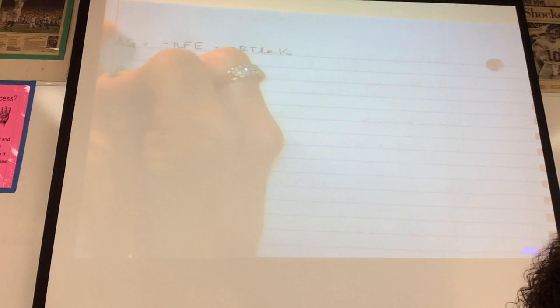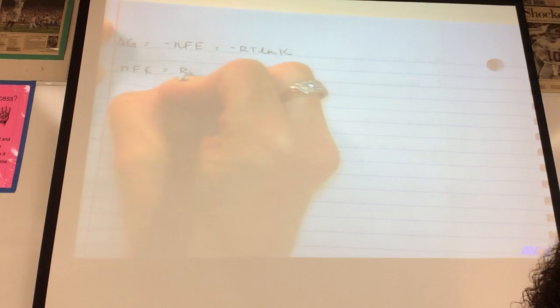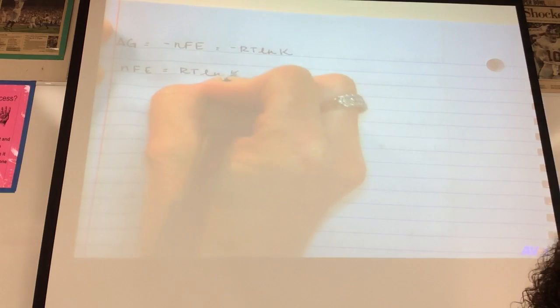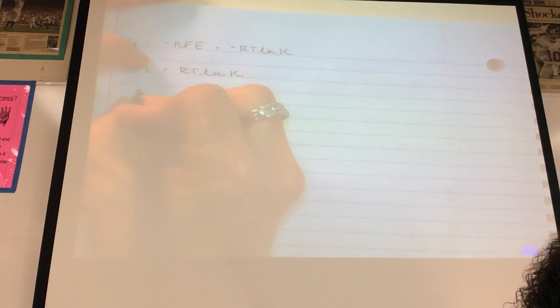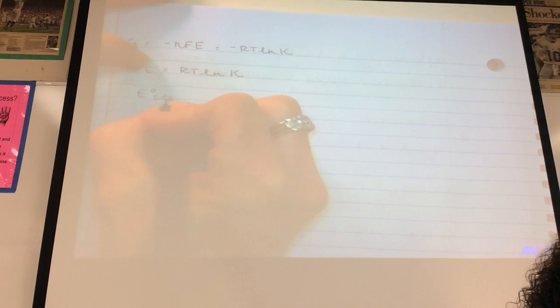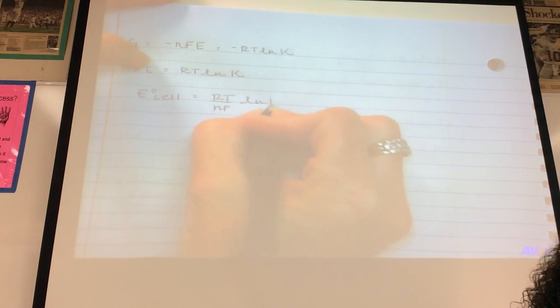So basically you have nFE is equal to RT ln of K. So if you solve for E under standard conditions, you'll have RT over nF ln of K_eq.